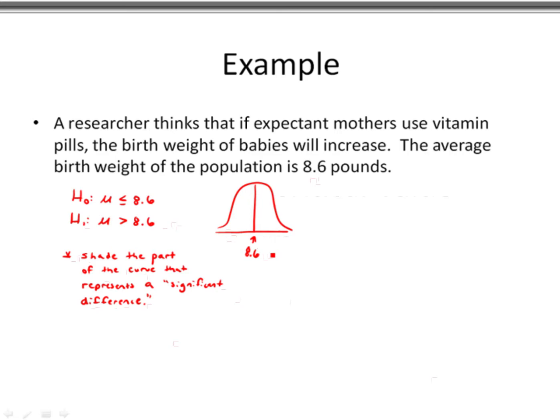Now, what you want to think about is doing your research. If you are this researcher, what are you going to do? And we talked about this on the previous presentation. If I'm the researcher, I'm going to need to select a sample. I'm going to need to give the mothers in the sample the vitamin pills.